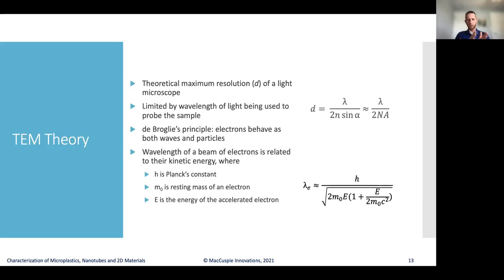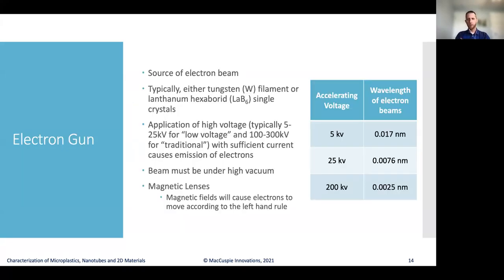So if you have a higher energy, you have a shorter wavelength. And that manifests itself when you have an electron beam source that's typically either tungsten or LaB6 crystals for most TEMs. As you apply increasingly high voltages, you get increasingly shorter wavelengths of these electron beams.